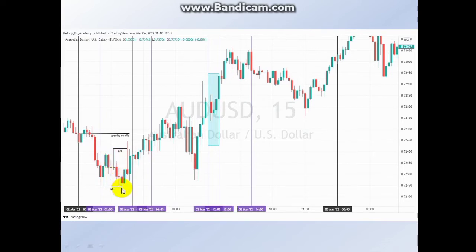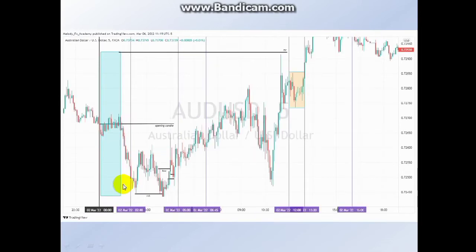Now this is that same price action. This is the opening candle for the day, and this is that short-term low on the 15-minute chart. This is price trading below it, so none of this has happened yet.